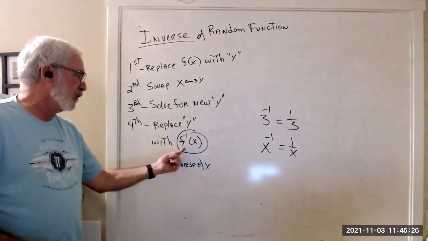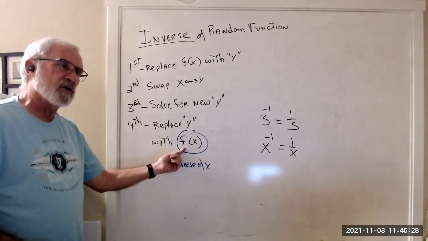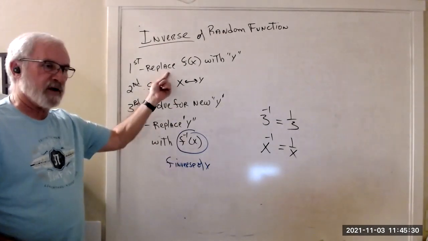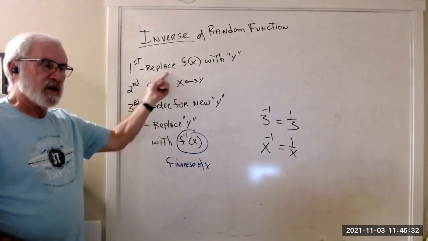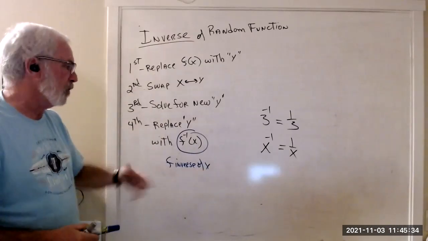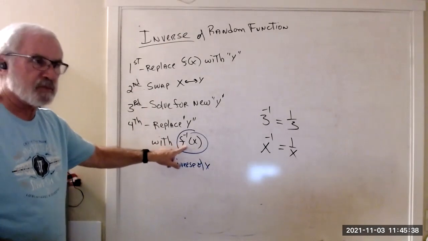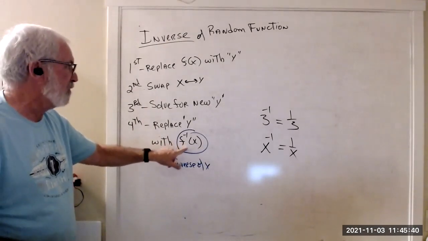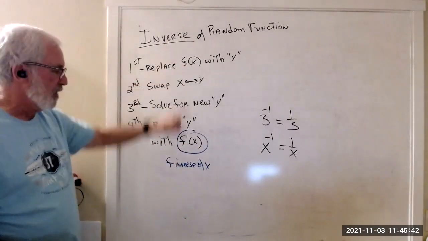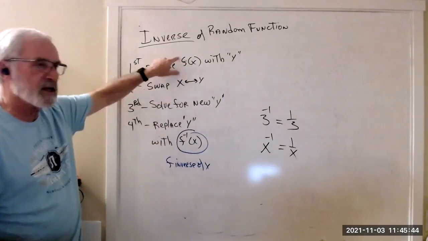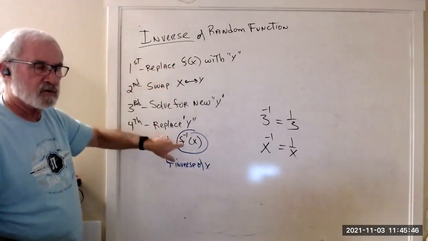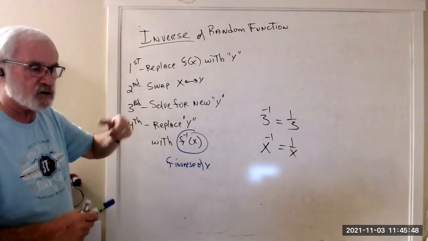It means this is the inverse of the original f of x. It's a way of telling the world, this isn't just any old function. This is a special function. This is the inverse of f of x. These two cancel each other out, just like addition and subtraction do.